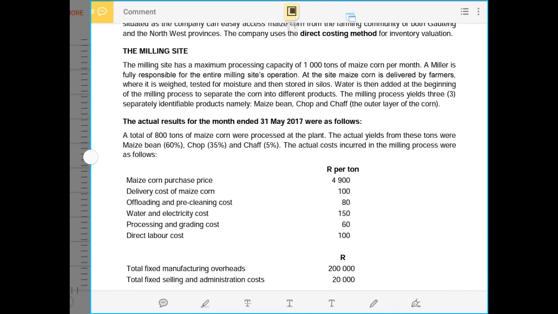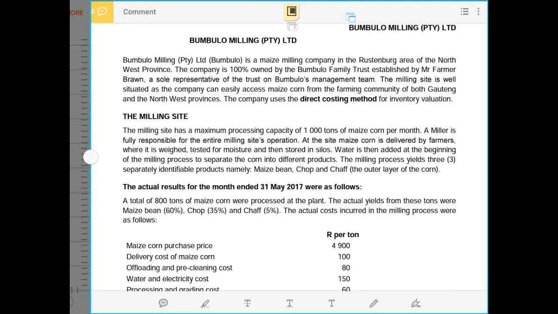However, let us go and read from the beginning so that we attempt to answer the first part of the question. It says BUMBULO Miling PTY LTD, which is BUMBULO, is a maize milling company in the Rustenburg area of the Northwest Province.